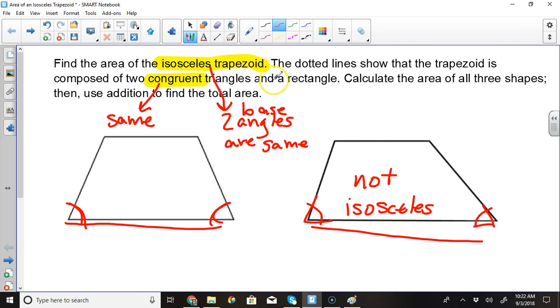And what makes a trapezoid a trapezoid? A trapezoid is when two of the sides are parallel to each other. That means that they will go on and on forever and never touch each other. So if these were lines that I extended out forever, I know that these two lines would never cross.